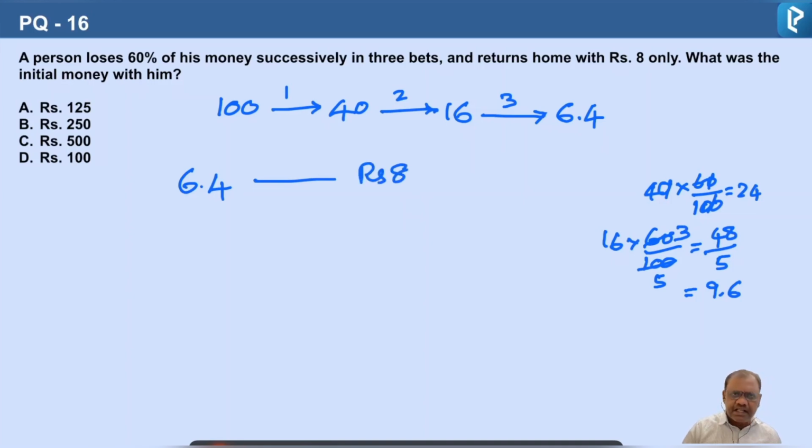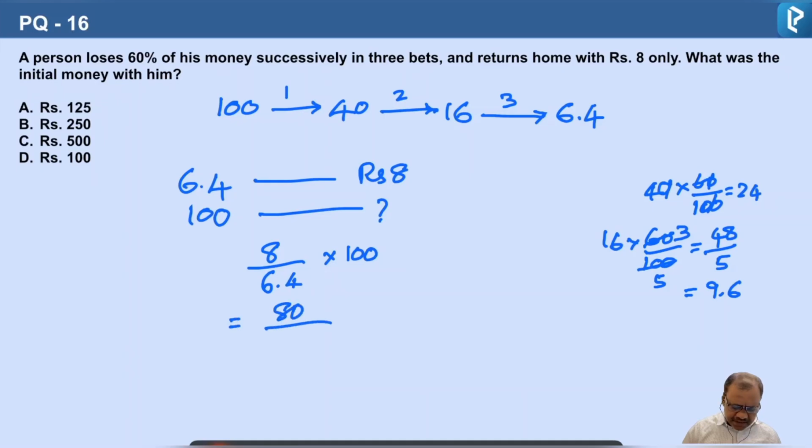So initially he had 100. So 100 is equivalent to how much? So let us simplify. 8 by 6.4 into 100. So if you simplify this, you will get 80 by 64 into 100. Multiply both numerator and denominator by 10.